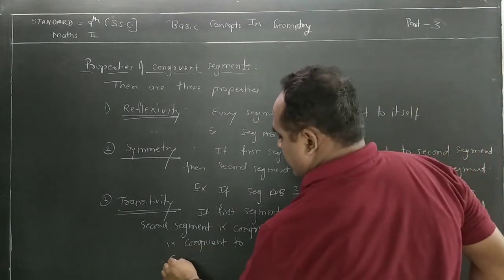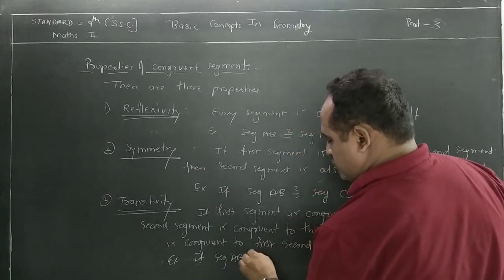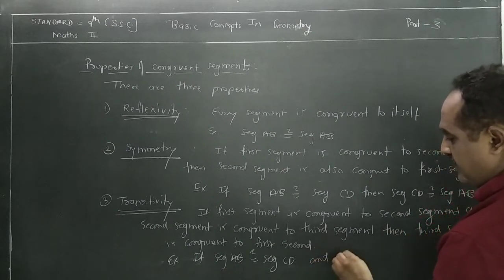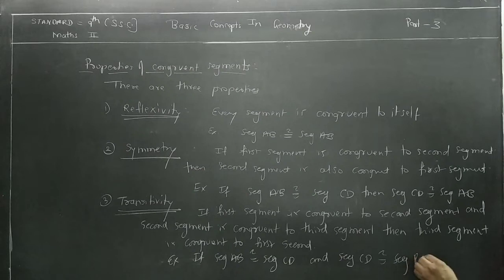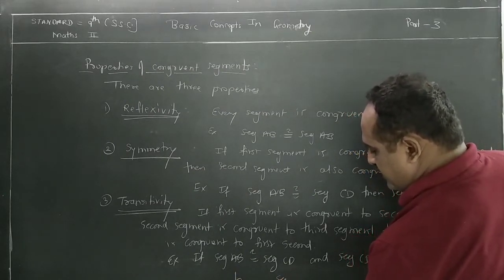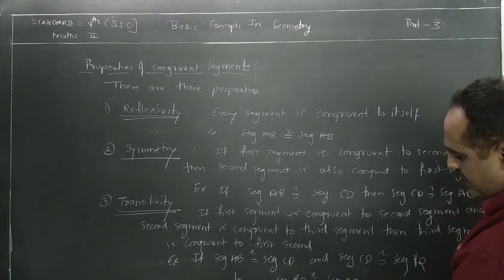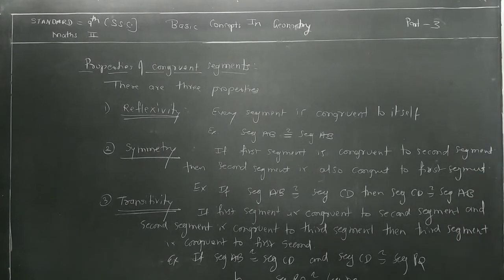For example, if segment AB is congruent to segment CD and segment CD is congruent to segment PQ, then what can I write? Segment PQ is congruent to segment AB, or AB is congruent to PQ.